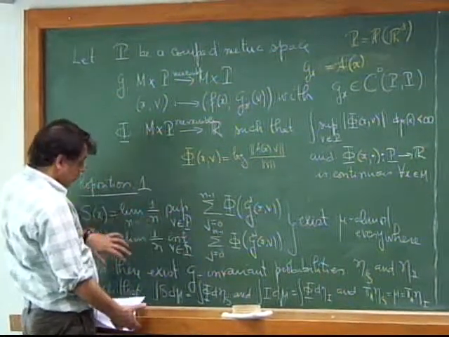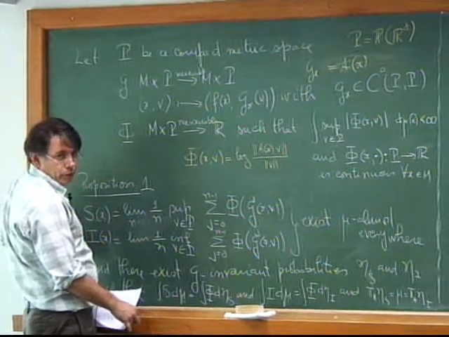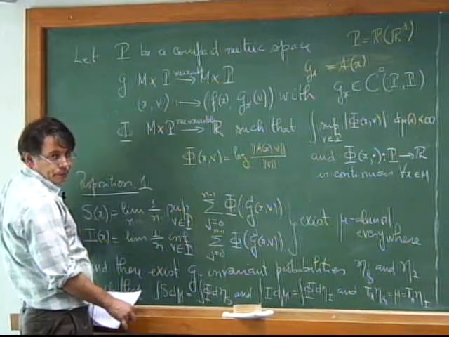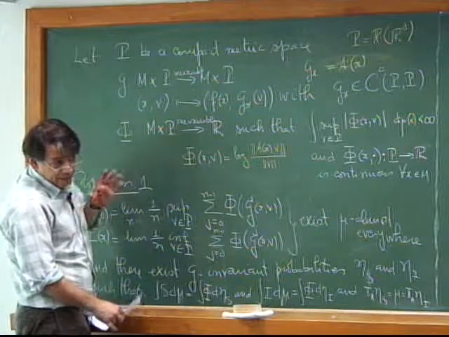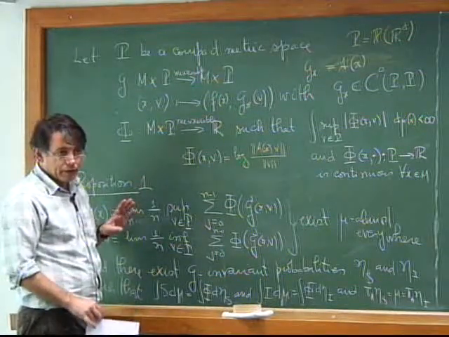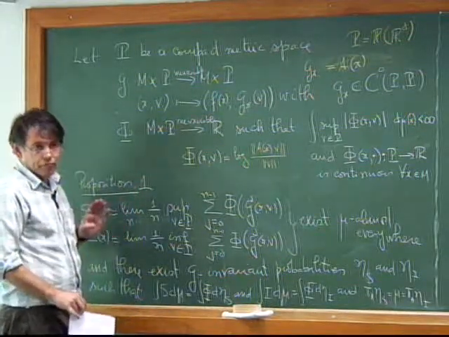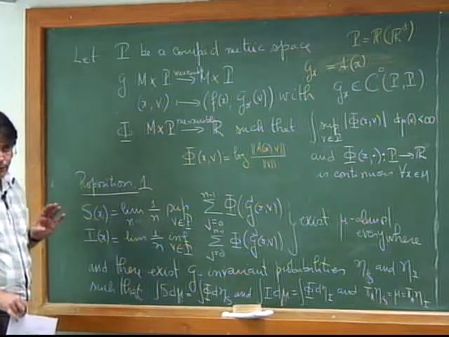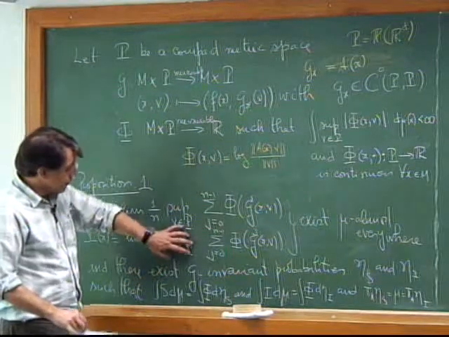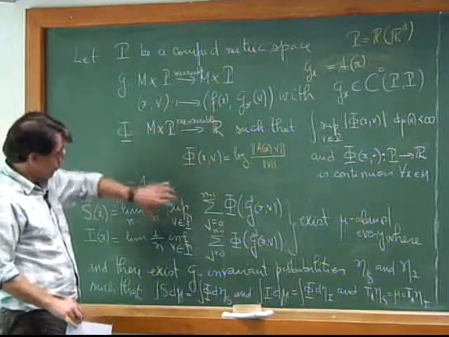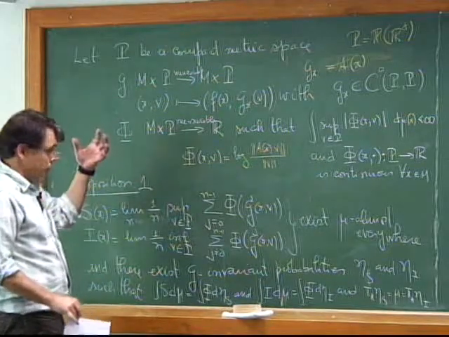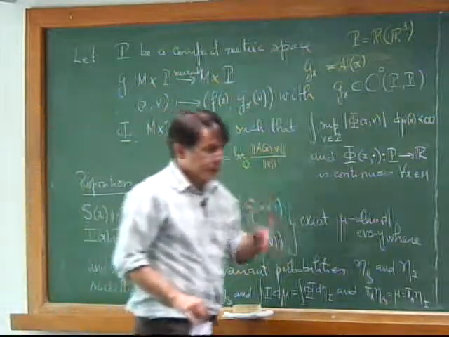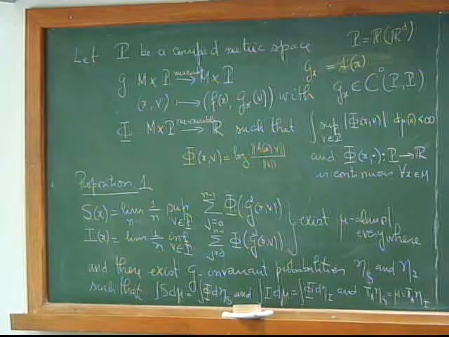So when you go to the limit, you get a larger number. Except that in that case, you don't know whether the limit exists. That's why I wrote lim inf. If you remove this infimum, your number grows. If you remove this supremum, your number decreases. That's all I'm saying there. That's true for every v.